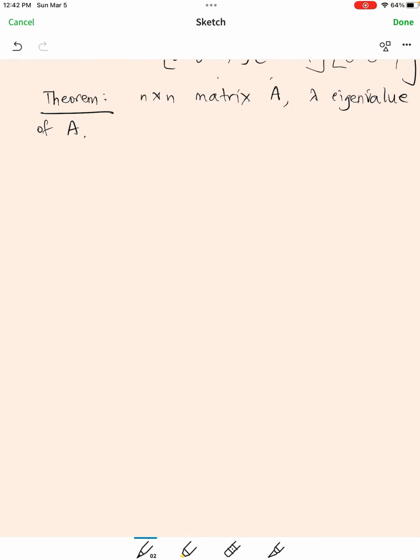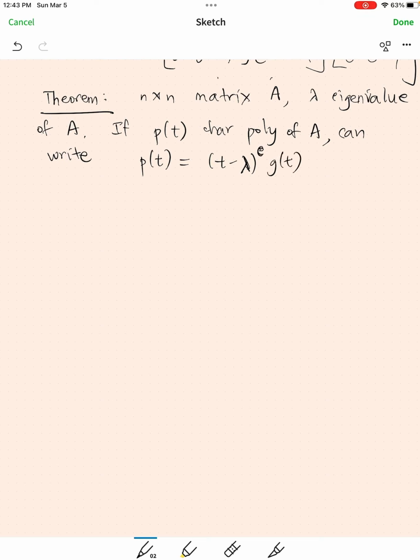So if P of t is the characteristic polynomial of A, then lambda is a root, so you can write P of t as t minus lambda to the power E, times g of t, right?